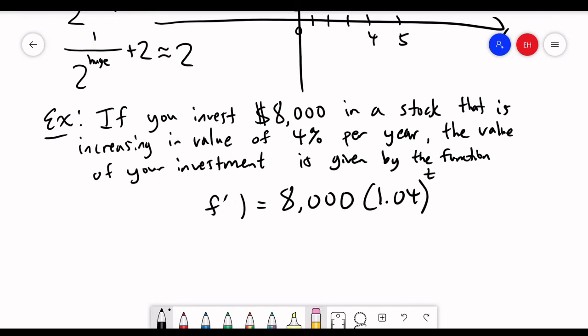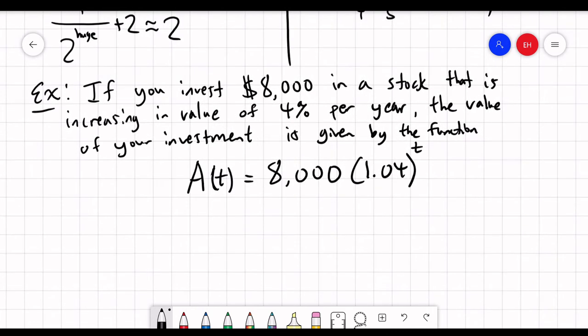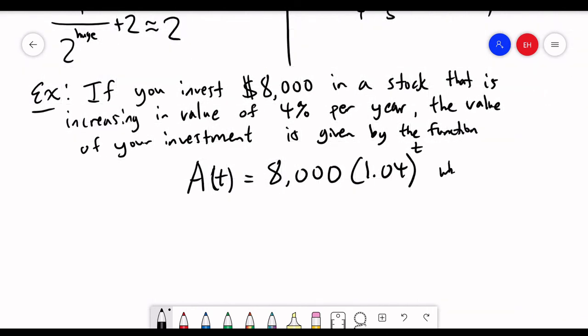So I want the years to be in the exponent spot, and that's our variable t. Let me change the way I wrote it to line up more with the problem. The input is time, and the output is the amount of money you have. So let's use a of t for the function notation. It doesn't matter what you use, but I just want to use t for time and a for the amount of money you have after t years.